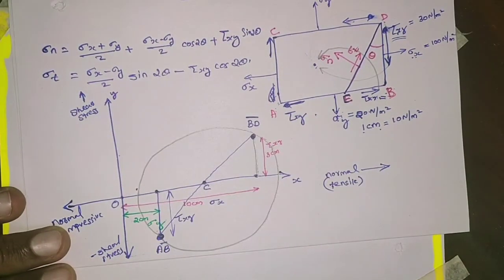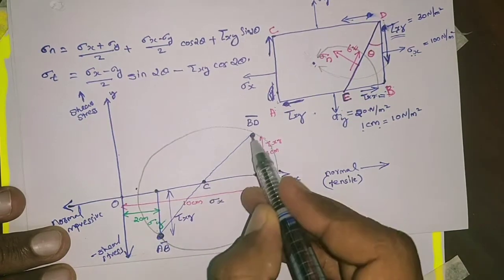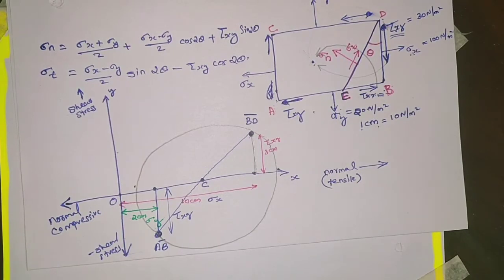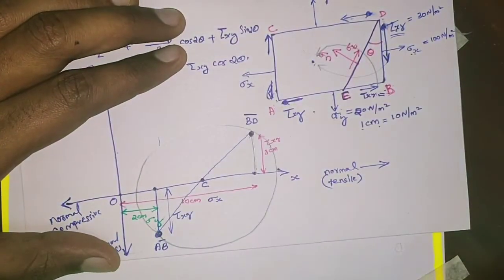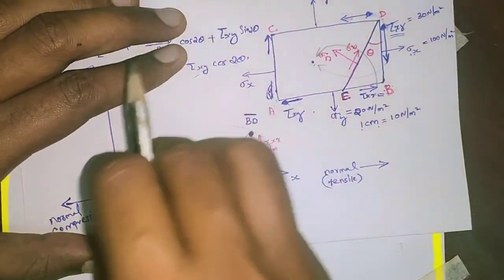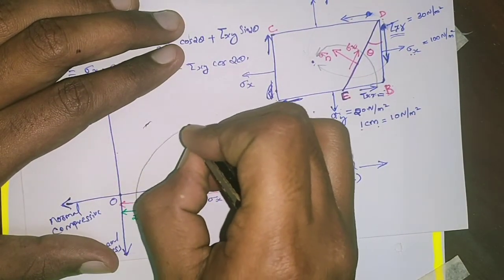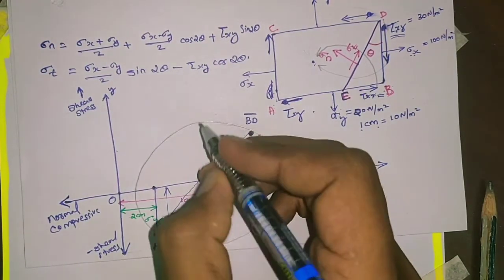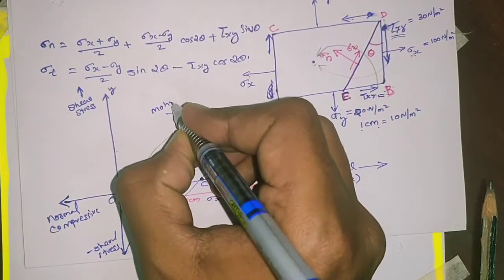For this circle, C is the center and this line is the diameter. We can draw this circle, and this circle is called Mohr circle.